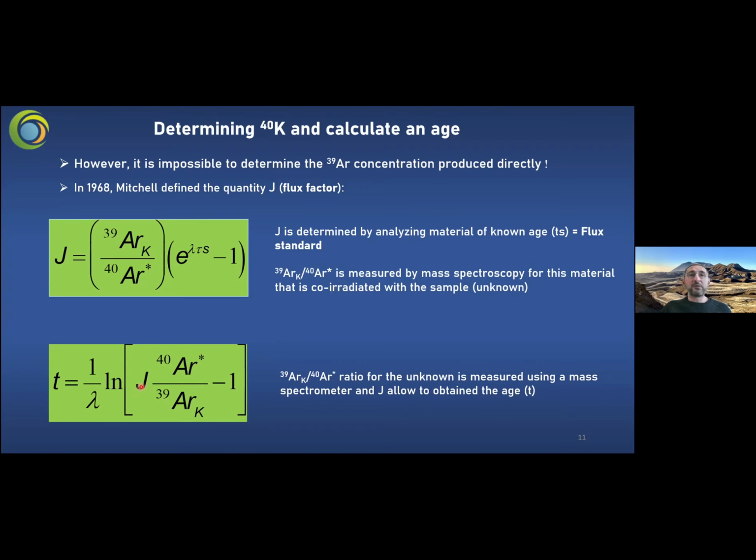And we simply re-inject this J value inside the age equation that we have here. And to obtain an age, we measure in the same conditions the argon-40 potassium, argon-40 radiogenic in our unknown.